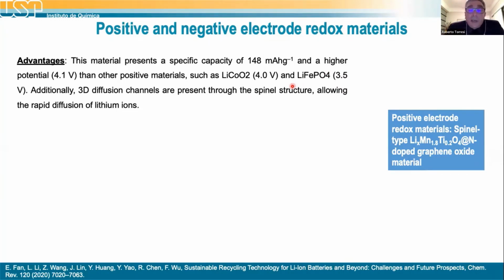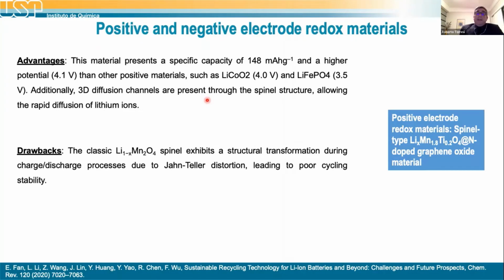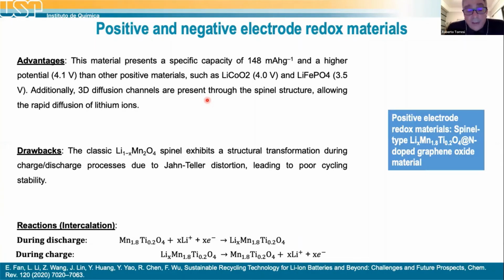This is also another nice characteristic: you have 3D diffusion channels that allow a better diffusion of the lithium ion inside the structure of the manganese spinel. The drawback is that you suffer from Jahn-Teller distortion, and this leads to poor cycling stability. So we will also see what happens when we use ionic liquid for the charge discharge of this kind of material.